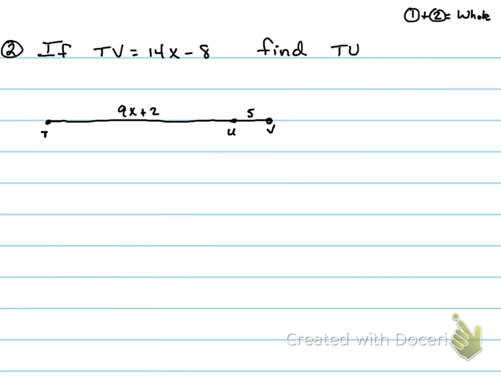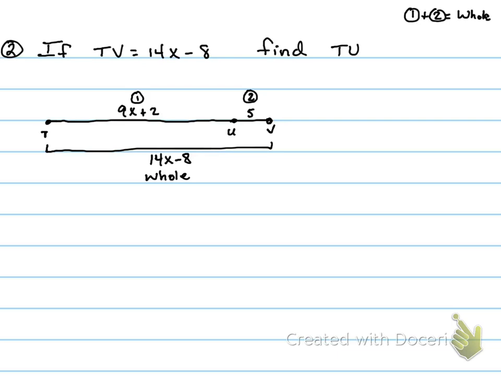So number 2 says if TV equals 14x minus 8, and we see that T to V is my whole piece. TU, 9x plus 2, is my first piece. UV, 5, is my second piece.